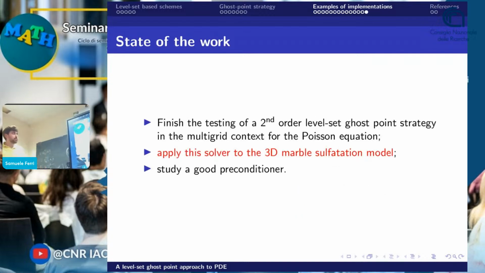And what we want to do in this project is, firstly, to test everything in the context of the Poisson equation, just to be sure that level set, ghost point, and multigrid are compatible with each other.